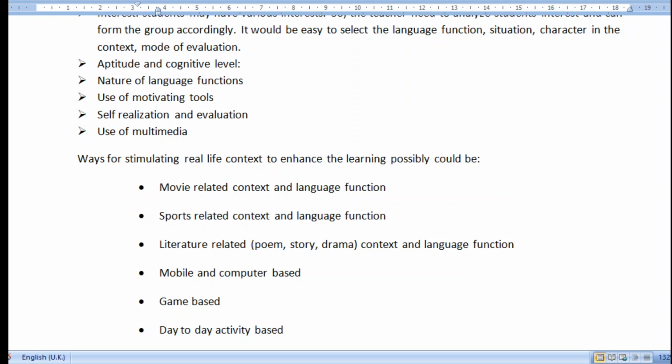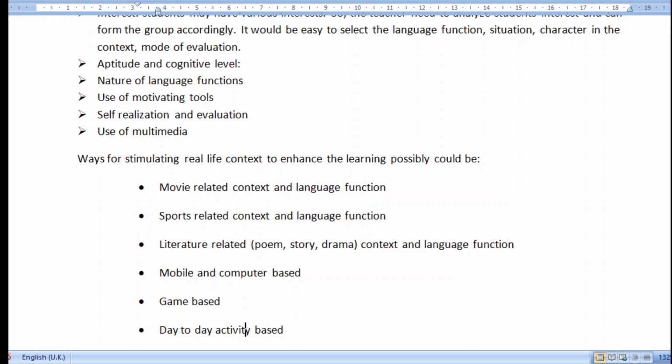And sports related context and language functions: those students who are cricket lovers, you can let them watch a 1 hour cricket game, that ODI or T20 game, and after that ask them to explain on their own how the game is proceeding forward. That is the sport related context. That is the real life context. We are dealing with the questions.